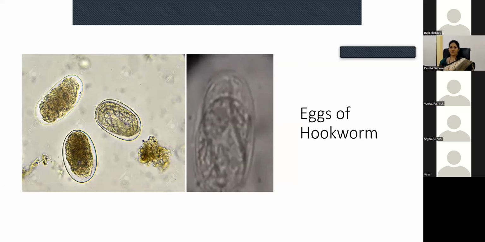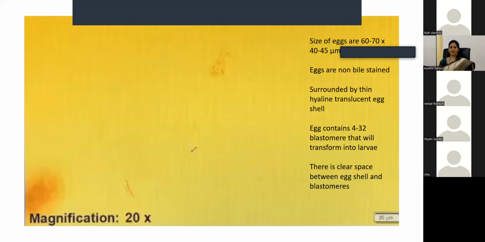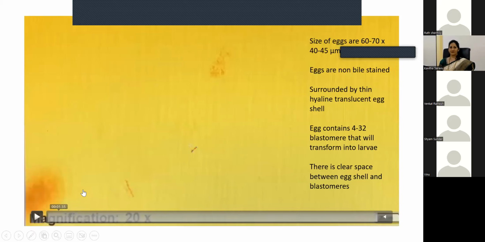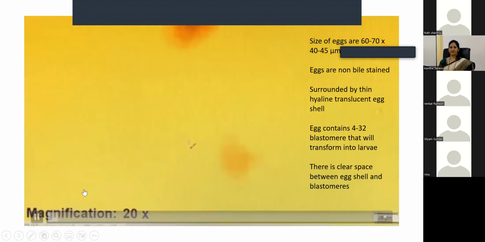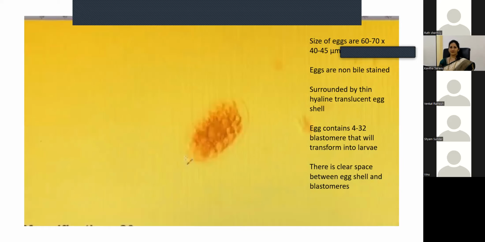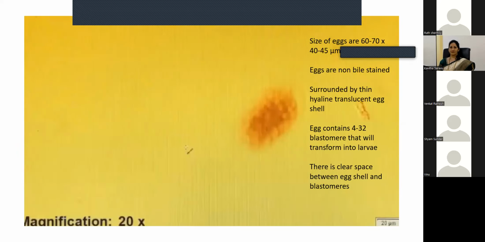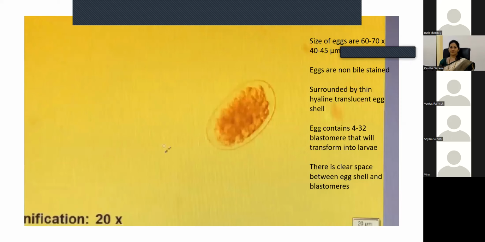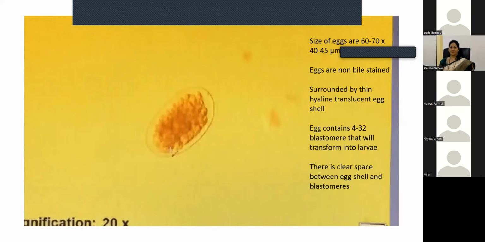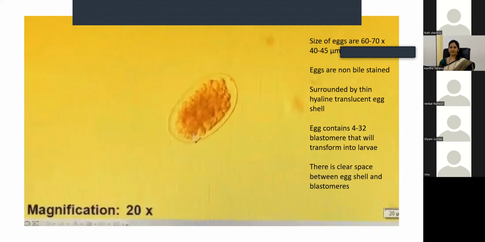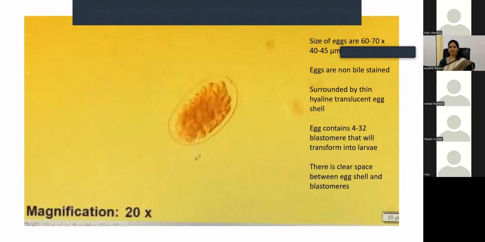So here is the egg under the microscope. I am trying to focus under the microscope. The eggs are around 60 to 70 by 40 to 45 micrometer in size.